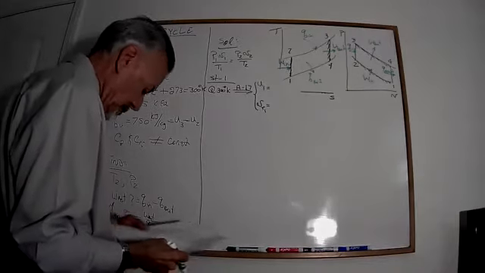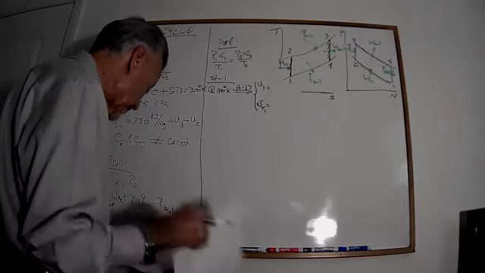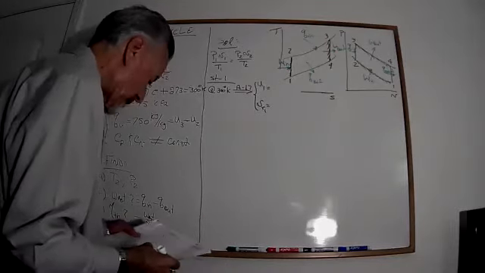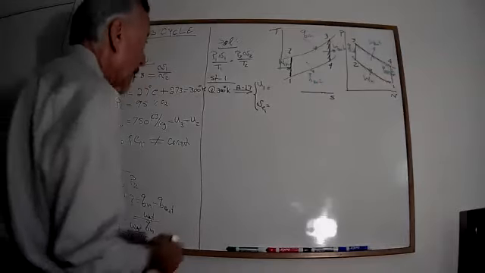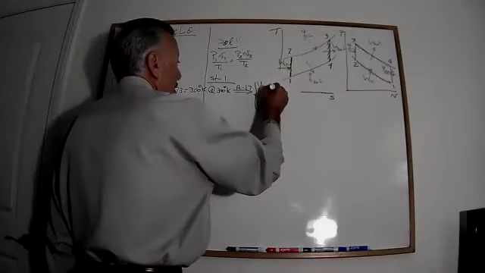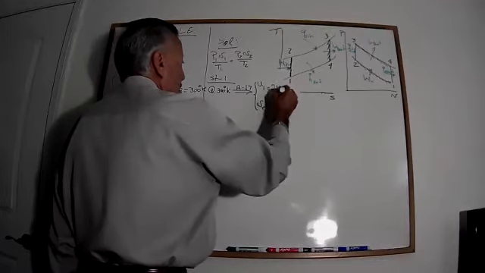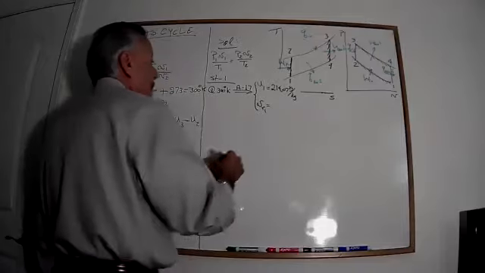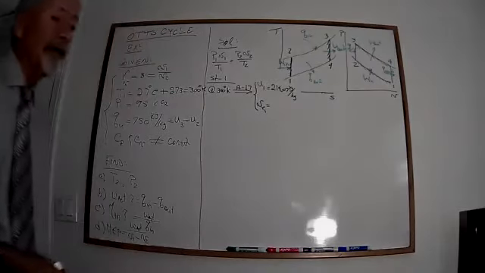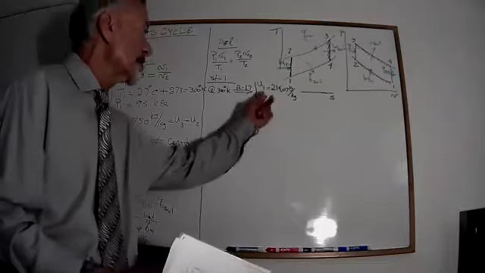Now, if you look at the table, you find the value of U1 to be 214.07 kilojoule per kilogram. For those of you that have your textbook, do you see this number?